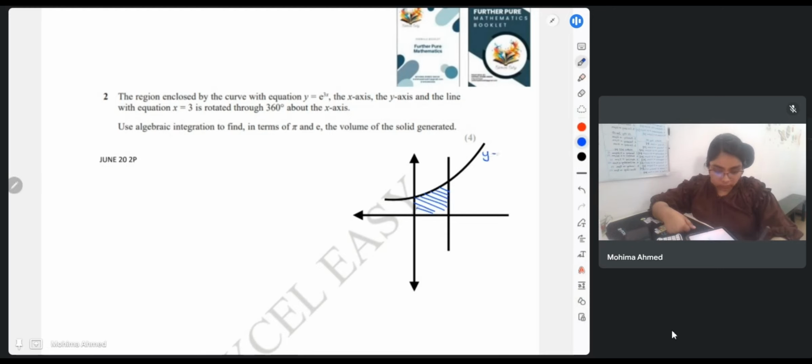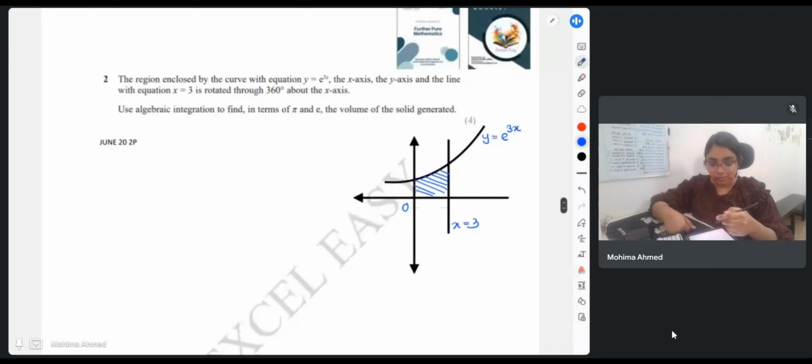So this is the equation for the curve, y equals e power 3x. This is x equals 3, this is the y-axis, and this is the x-axis. Now we can clearly understand the boundaries over here are going to be 0 and 3. So we just have to do the integration from this part onwards. Nothing else to understand or explain in this maths.